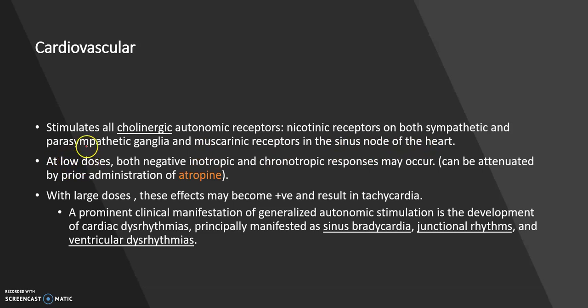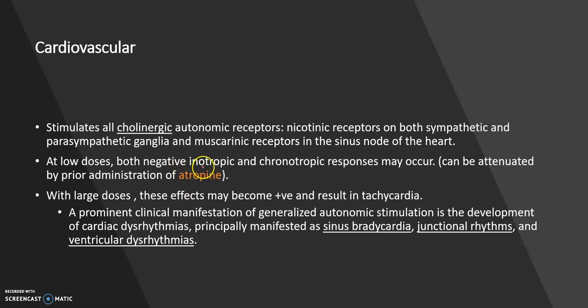At low doses of suxamethonium, we can have both negative inotropic and chronotropic responses. The heart rate will go down, as I've mentioned previously, and this can be attenuated, reduced, or dampened by giving atropine, also mentioned previously.